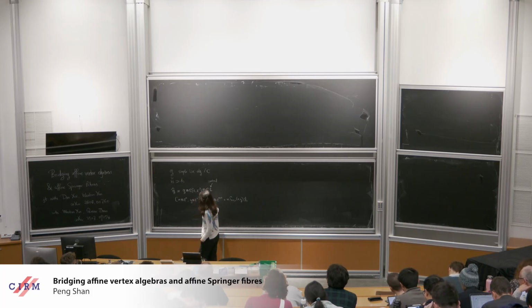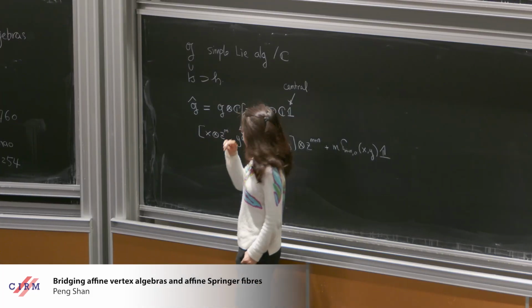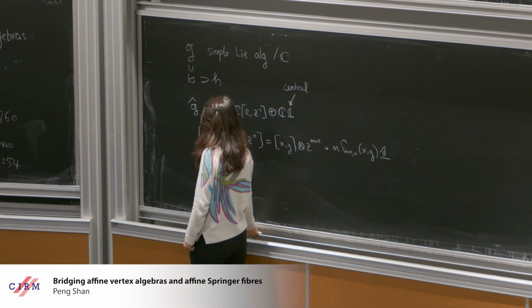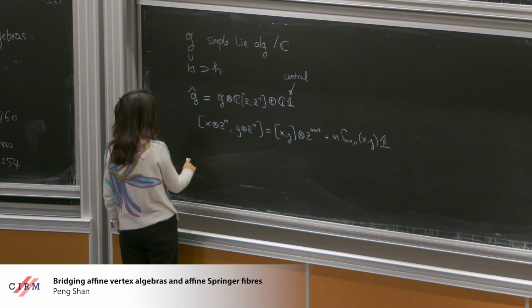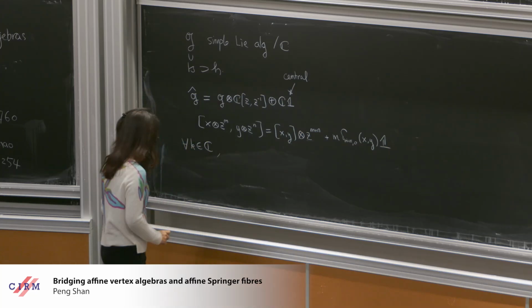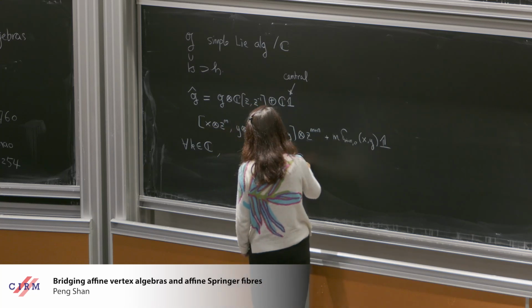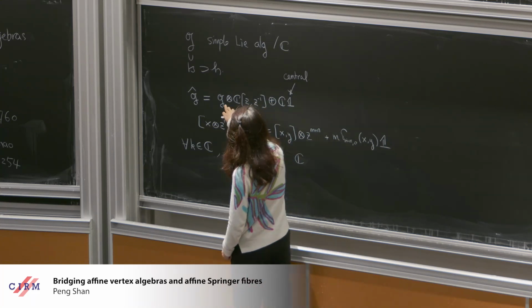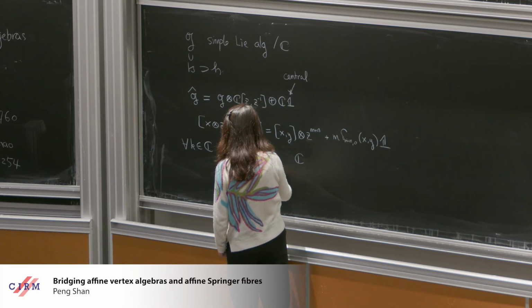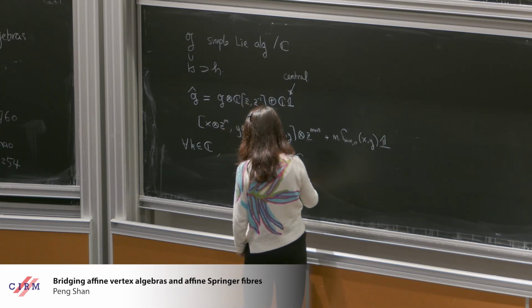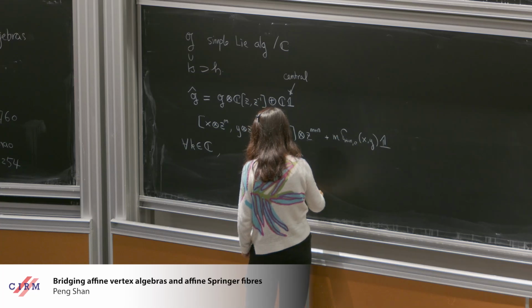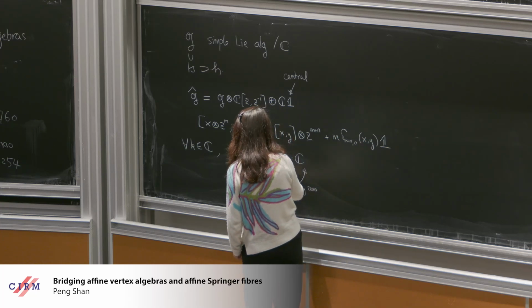We will be interested in representations of this affine Lie algebra, and in particular there is a very important module. Fix a complex number k. Then you can consider a trivial module for the subalgebra which has positive loops: g tensor z acts trivially, so x acts by 0, and the center acts by k.